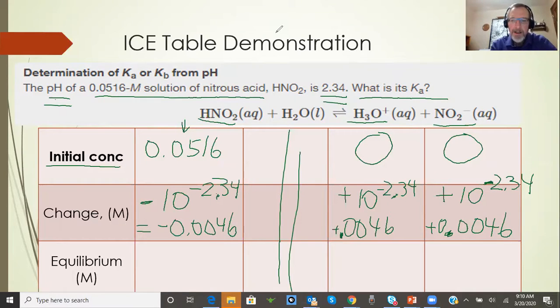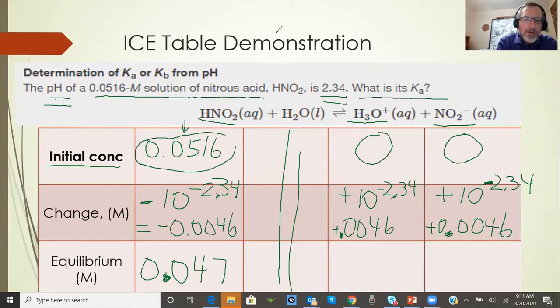Okay, and if that is the case, then all we have to do now is literally add columns, you remember? So if someone would add 0.0516 plus a minus 0.0046, you're going to come up with something on the order of 0.047. So we're taking this one and subtracting that, and we're coming up with 0.047.